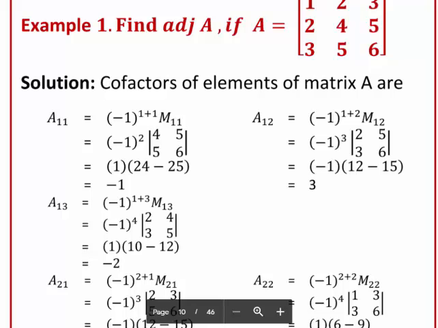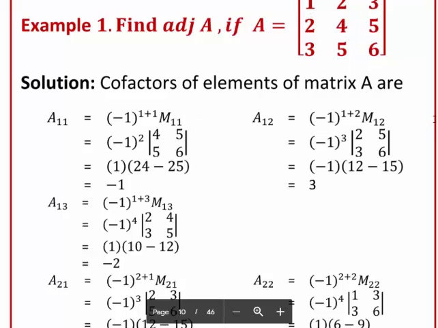So we start by taking i equal to 1, j equal to 1, meaning a11. We can calculate it by minus 1 raised to 1 plus 1 into m11. Minor m11 is nothing but the determinant of a submatrix of size 2 by 2 with entries 4, 5, 5, 6, obtained by deleting the first row and first column.